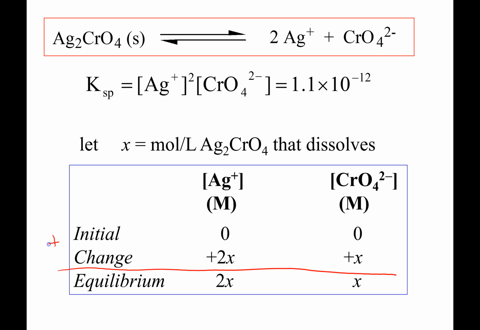But now, because of stoichiometry, you have molar concentration of your Ag+ is going to be 2x, and molar concentration of your CrO4 2- is simply X. At equilibrium, we take the initial, apply the change. So then the 2x and the x are going to be what's going to be substituted back into our KSP expression.